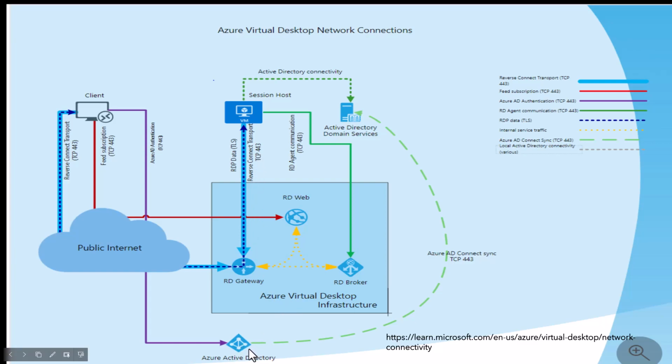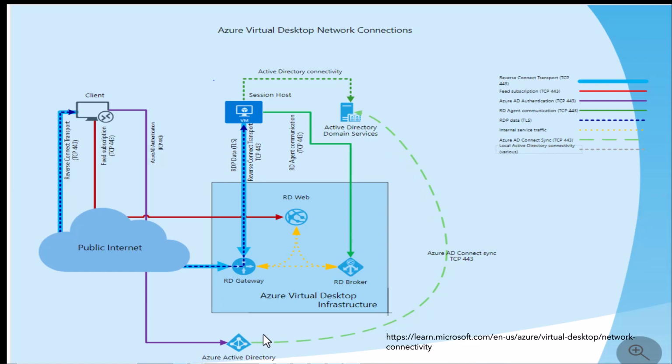And the user authentication will happen through Azure Active Directory. You can see the AD Connect sync happens between Active Directory Domain Services, the local AD, and Azure Active Directory. So this diagram talks about the hybrid identity. Local users will be created over here, and then they will be synced to Azure Active Directory.